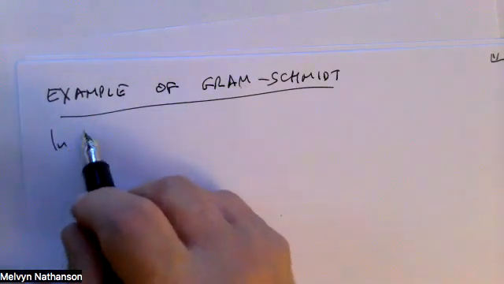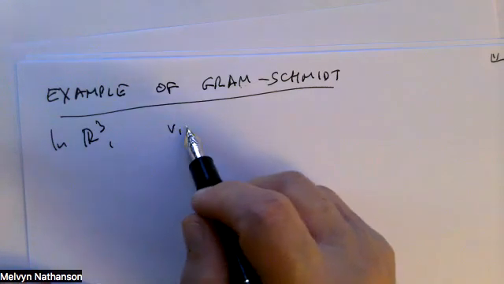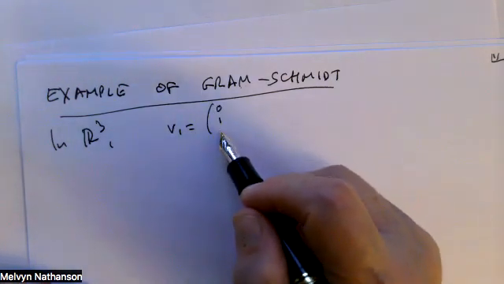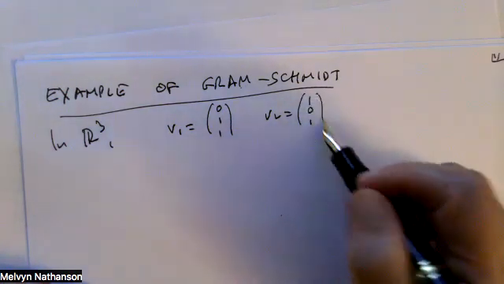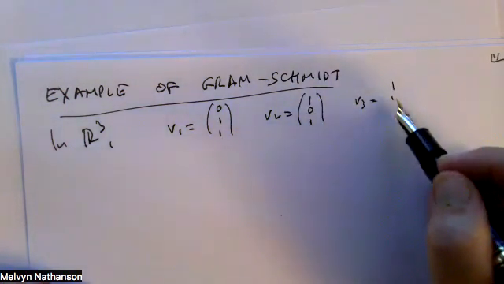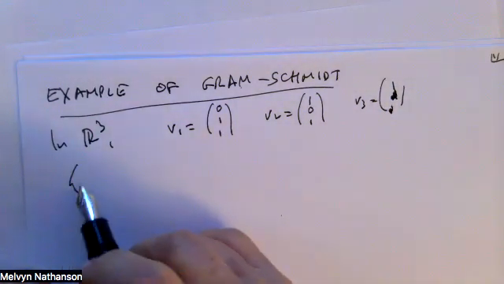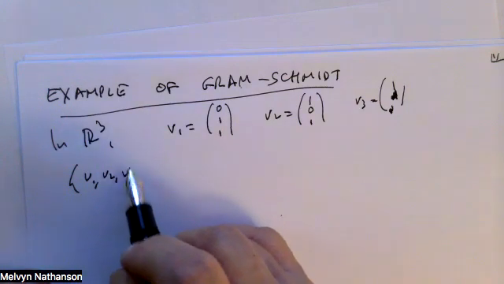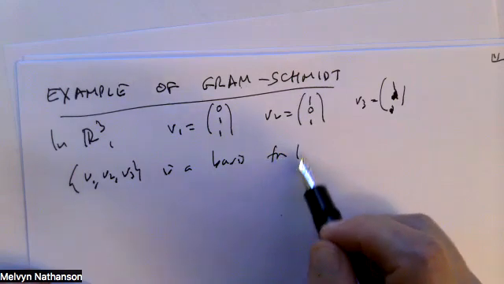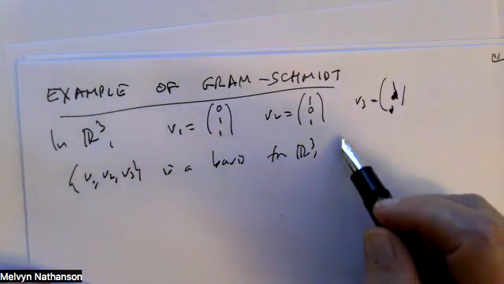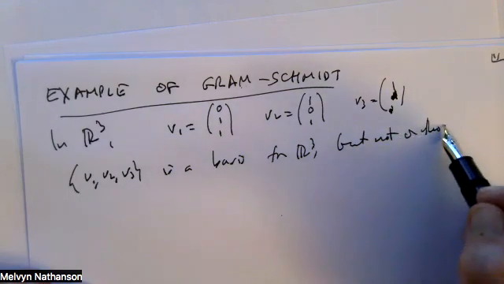So in R3, consider the vectors V1 equal to 0, 1, 1, V2 equal 1, 0, 1, V3 equal 1, 1, 0. So the set V1, V2, V3 is a basis for R3, but it's not orthogonal.